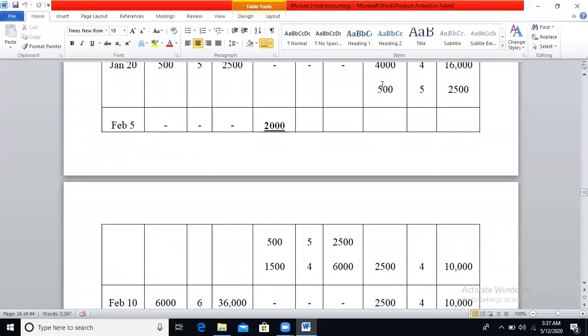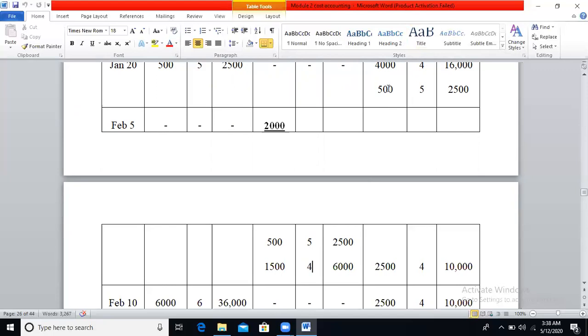If you have completed all the units under the latest purchase, and you want further units to be issued, you will move to the previous purchase. Out of 4,000, the required quantity to be issued will be 1,500. The rate for the 4,000 units is 4. So you will issue these 1,500 at the rate of 4 rupees. 1,500 into 4, you will get 6,000.